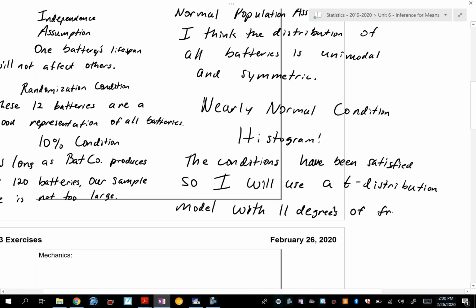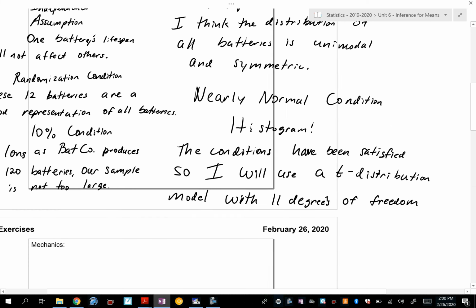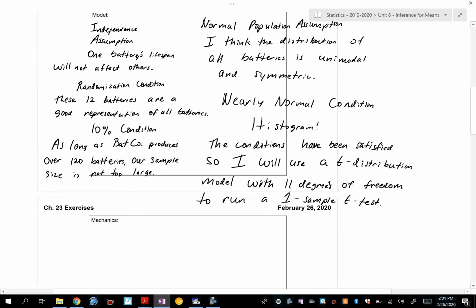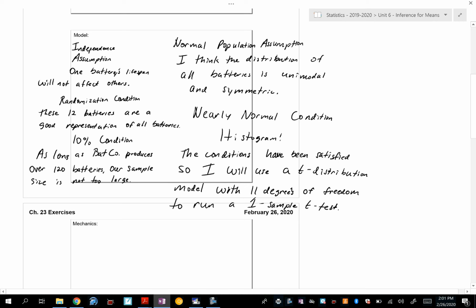You'll probably wonder how I got that number, but figure it out pretty quickly. To run a one sample t-test. I feel like that always takes longer for me than the actual mechanics. I think that always takes longer than the actual math part.